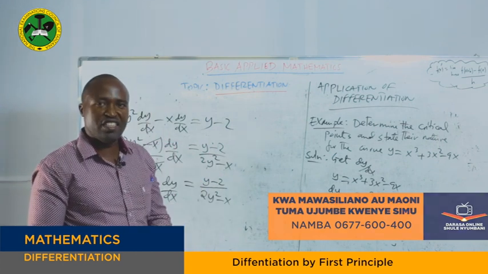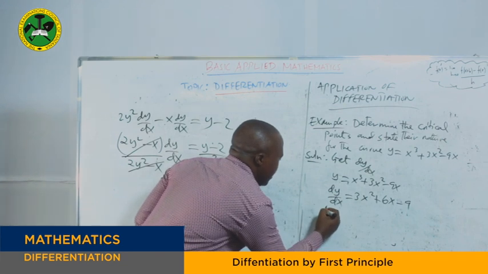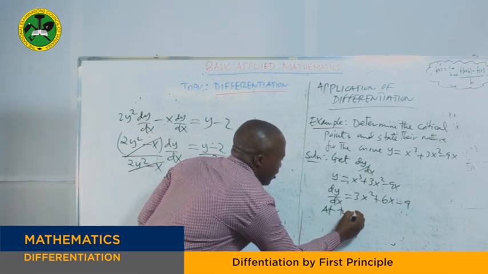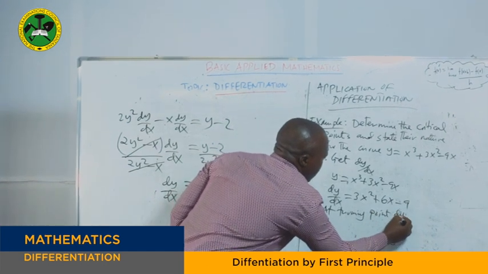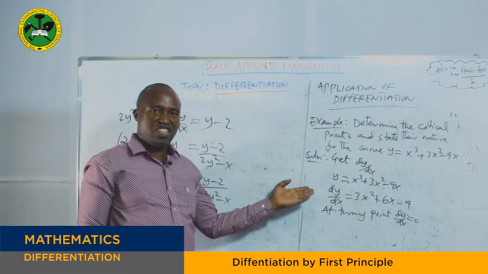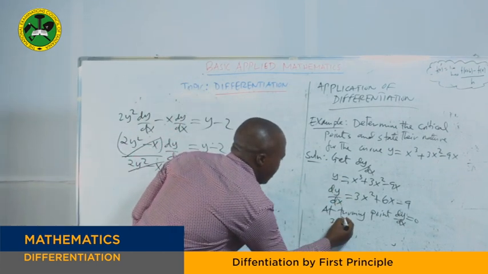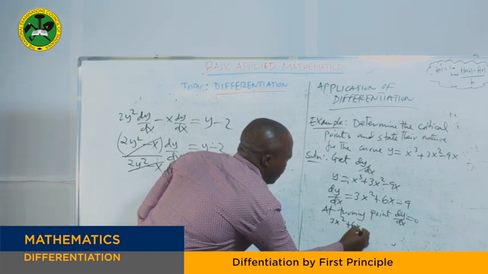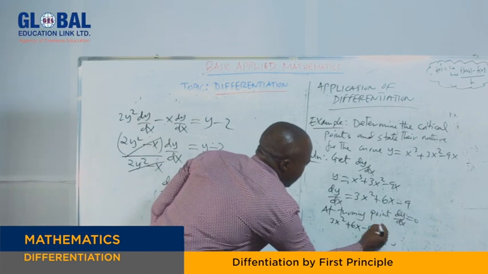Now second procedure, at the turning point, dy over dx is equal to 0. So just put dy over dx is equal to 0. That is 3x² plus 6x minus 9 is equal to 0.